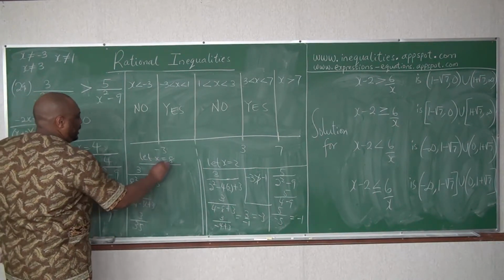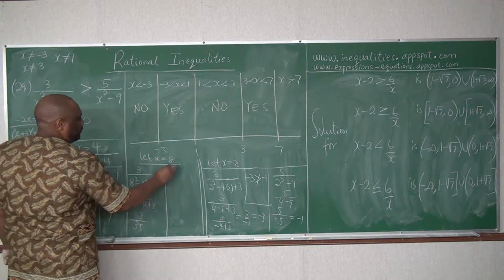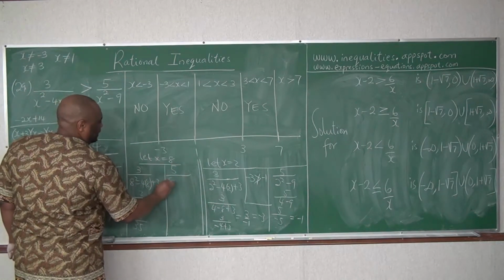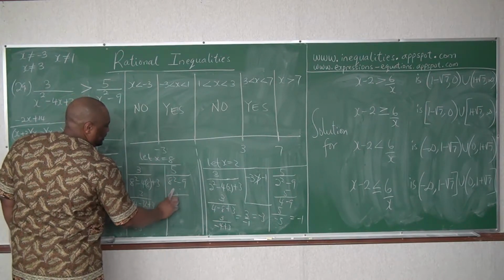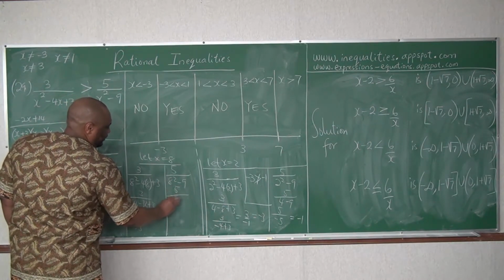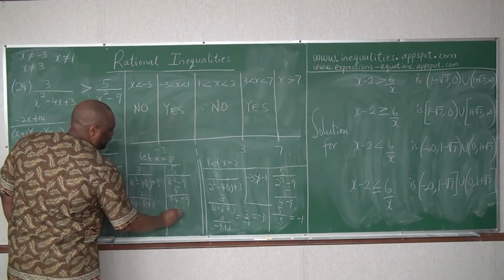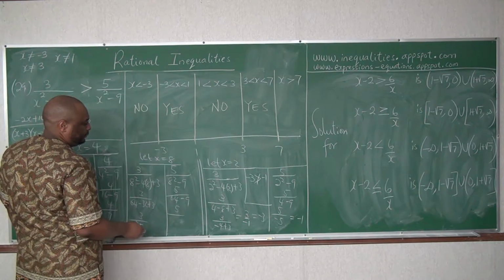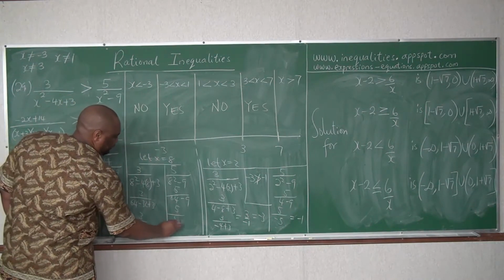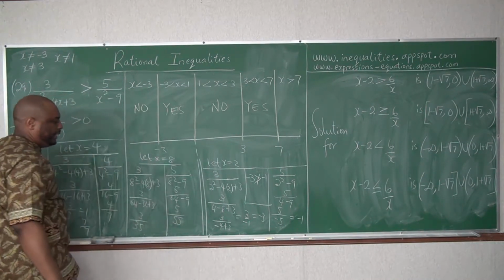Okay? And on the right will be 5 over 8 squared minus 9, which is 5 over 64 minus 9, which is 5 over 55, right?